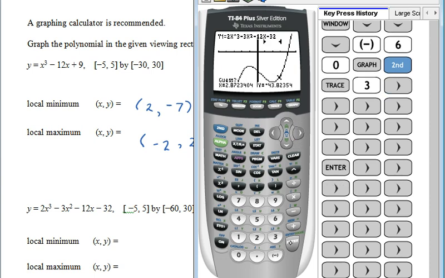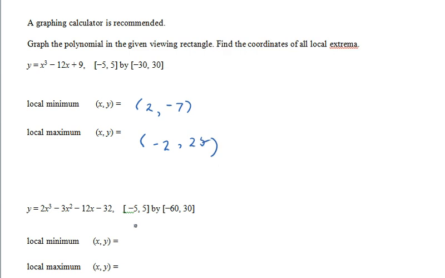Press enter again. Press enter a third time to get that the local minimum is -52, and it occurs when x equals 2. So 2, -52 for the local minimum.